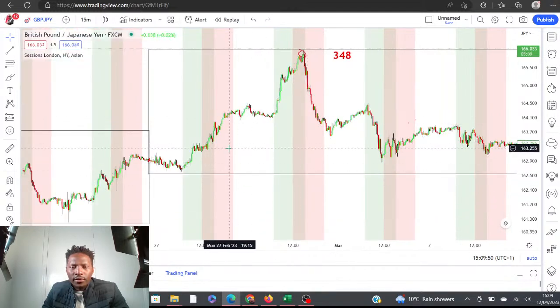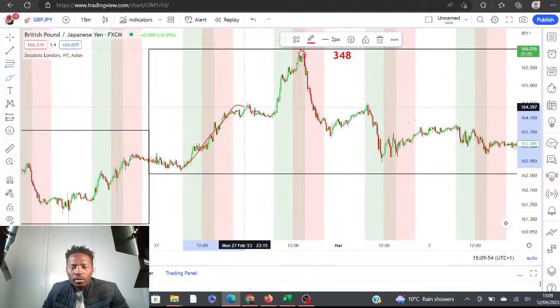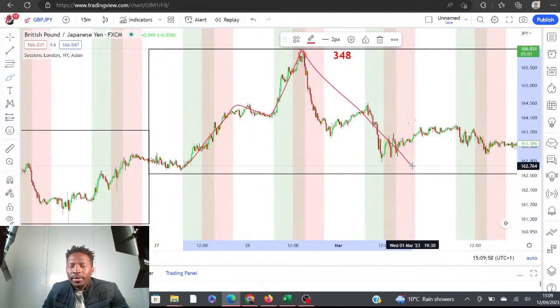Here we have an extended runner. You can see how the behavior of the market is. Move up, corrective pattern, one high, and then it heads down for the rest of the day.